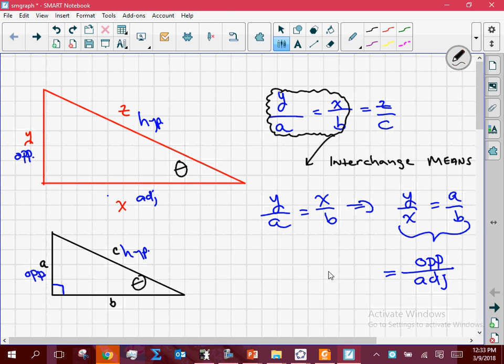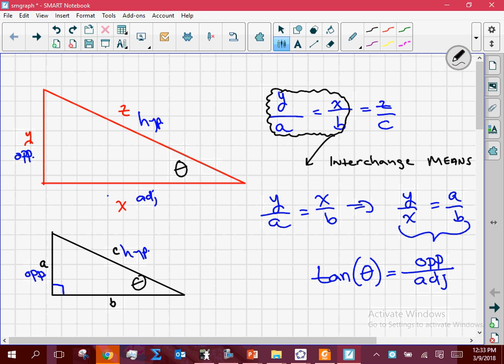Does anybody know what we define that as? We've talked about the sine. We've talked about the cosine. What's the other one? Tangent. Okay. Spelled out, it's that. Okay. But we are going to abbreviate it in our handwritten work as tan. Okay, so we'll refer to it, we'll call it tangent.